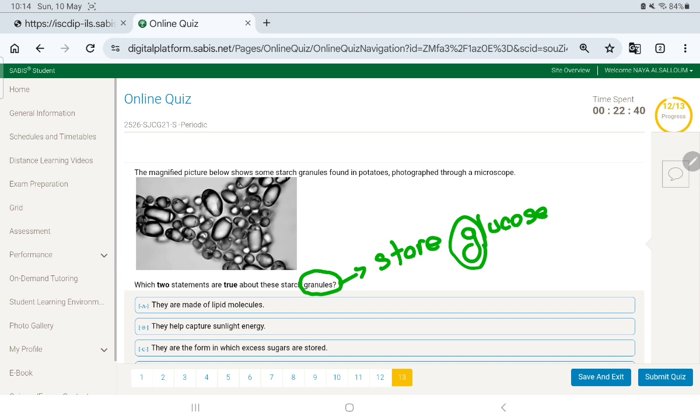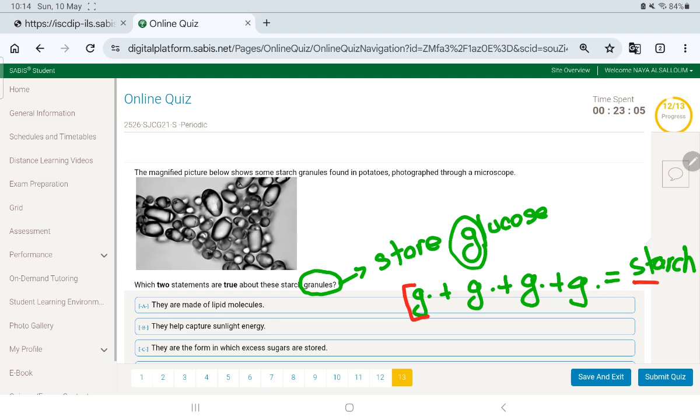So, they store extra glucose. Now, when you have many glucose molecules linked together, we get something called starch. Okay? So, plants, if there's extra glucose that they can't use right now, they're not going to throw it away. They're going to build it up to form starch. So whenever they need it, they can just access it.